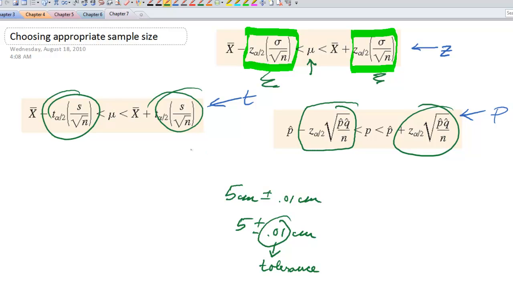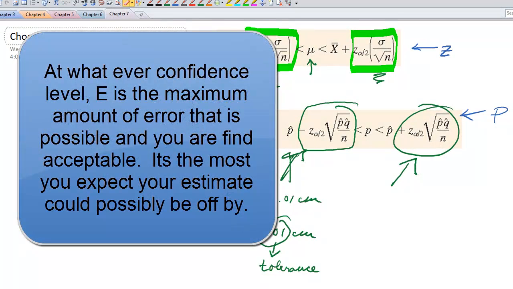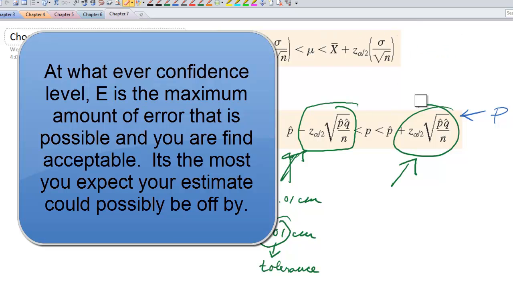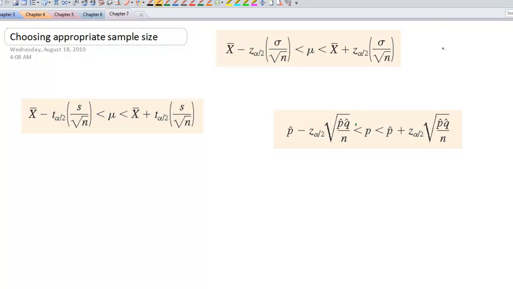I'm making an allowance that I'm allowing for this much error, or this much error. It's just like doing tolerances. I'm tolerating that much error when I say this is my confidence level. So another way of presenting the confidence interval formula is kind of how you've seen me calculate it.